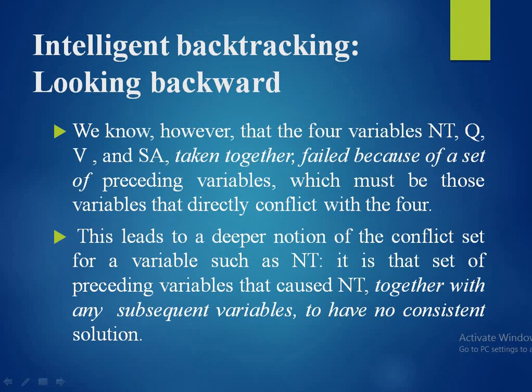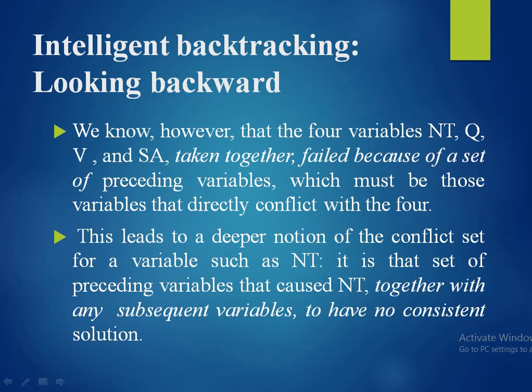We know, however, that the four variables NT, Q, V and SA taken together failed because of a set of preceding variables, which must be those variables that directly conflict with the four. This leads to a deeper notion of the conflict set for a variable such as NT.